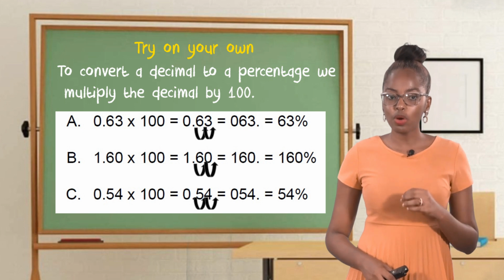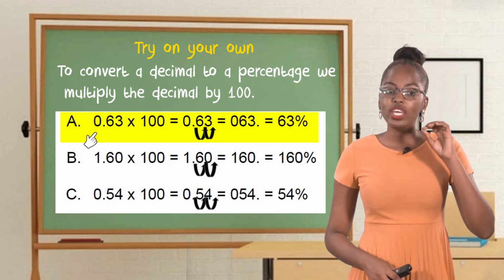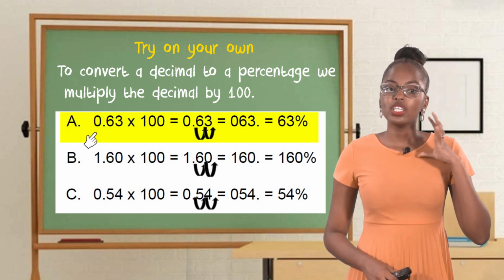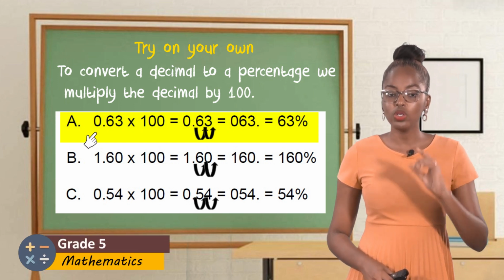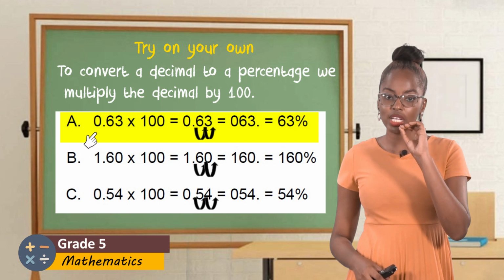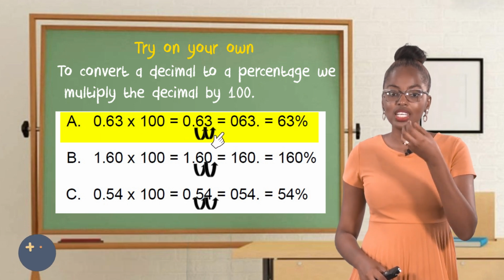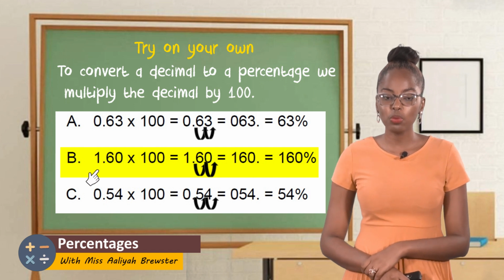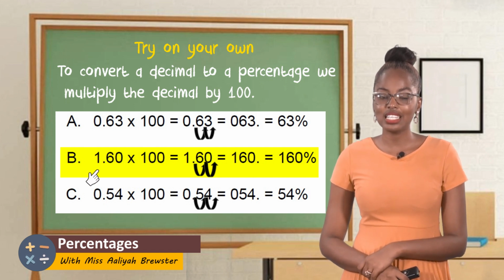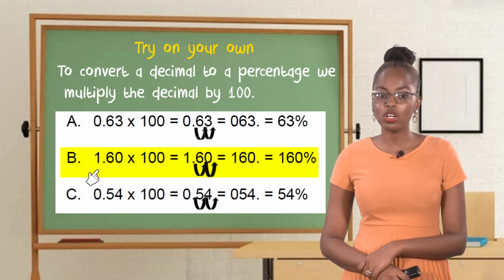So for the first problem, we had 0.63 times 100. We move the decimal point 2 places, and that would mean 63%. For the second one, we had 1.60 times 100.